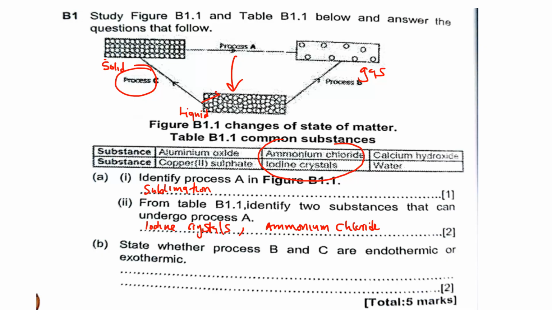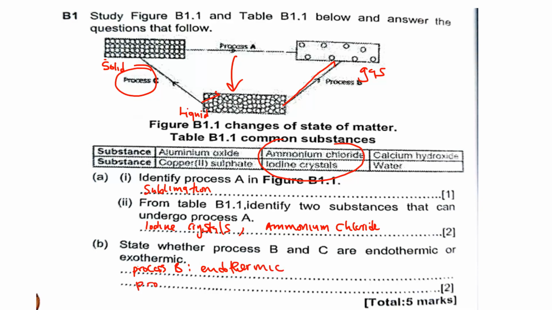Where is process B? Process B here, we are looking at the change of state from liquid to gas, which is evaporation. So in that case, substances tend to evaporate because of the heat that it has absorbed, causing the particles to break away. All right, so in other words, we can say process B is endothermic.